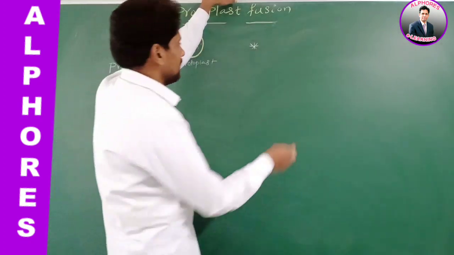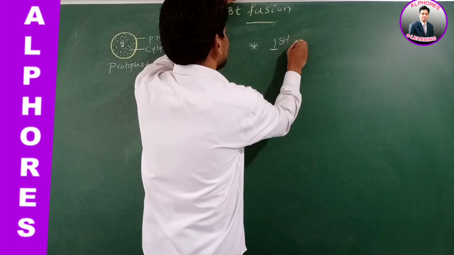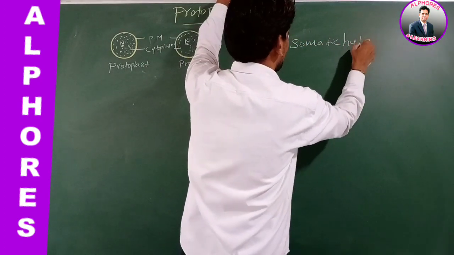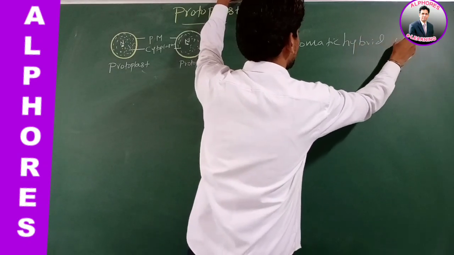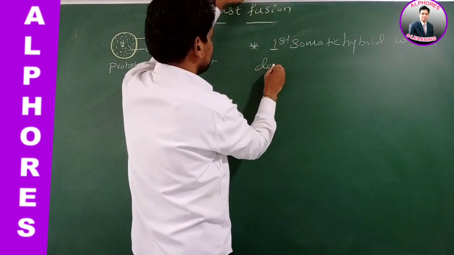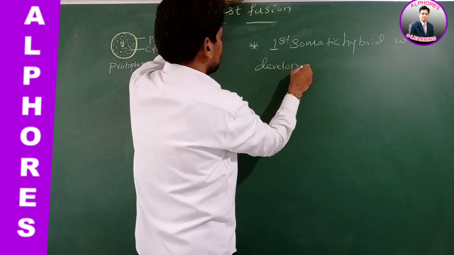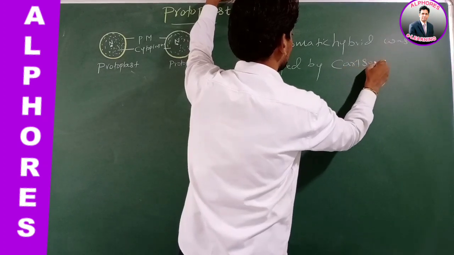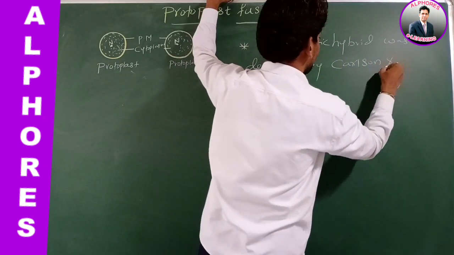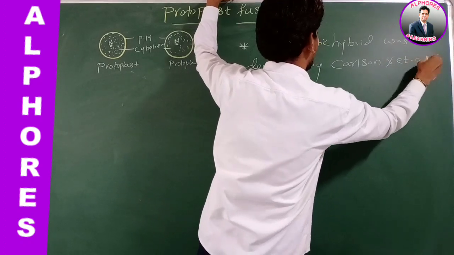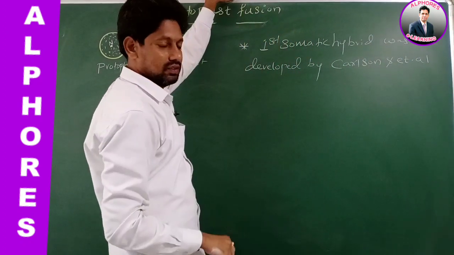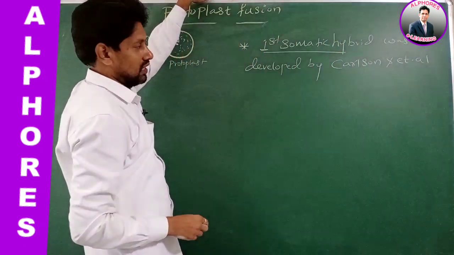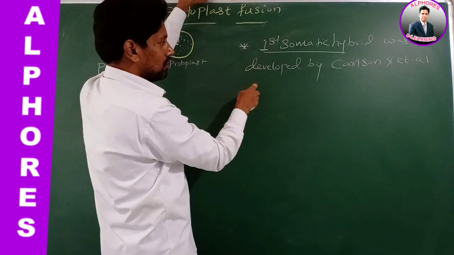The first somatic hybrid was developed by Carlson et al. Et al means his colleagues. How was this first somatic hybrid developed?